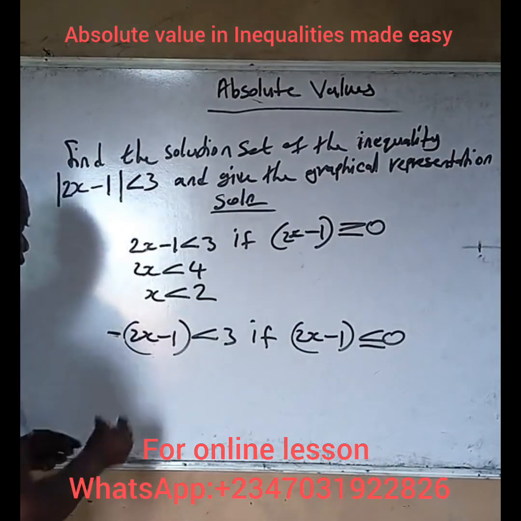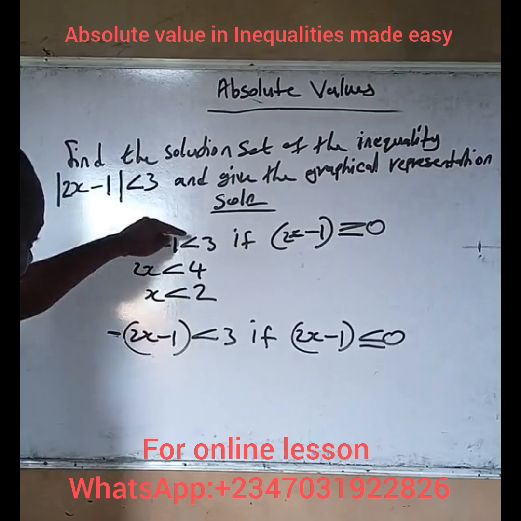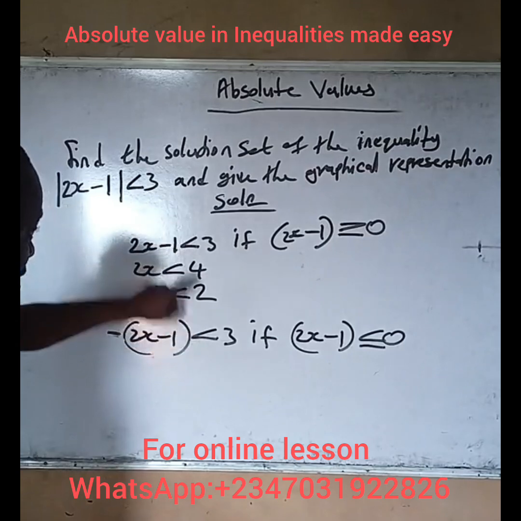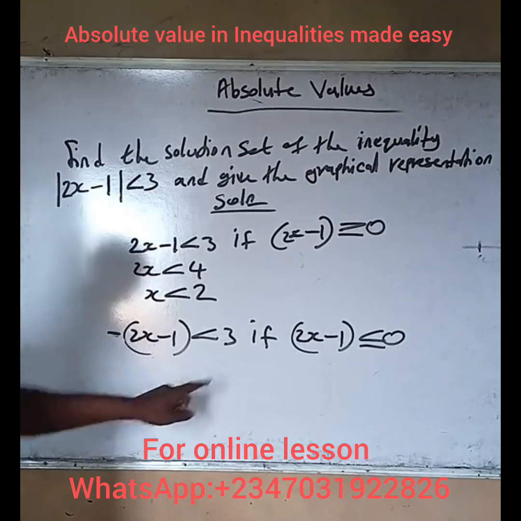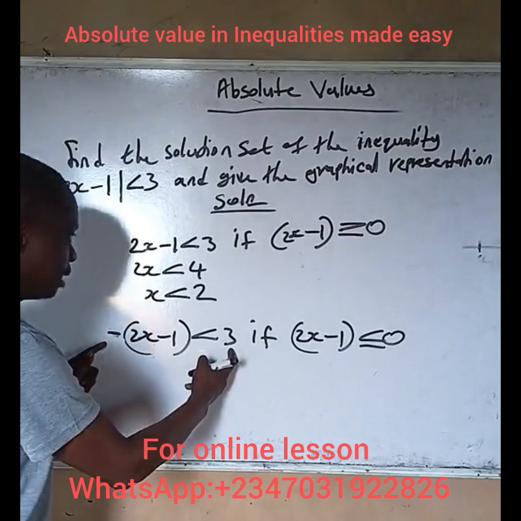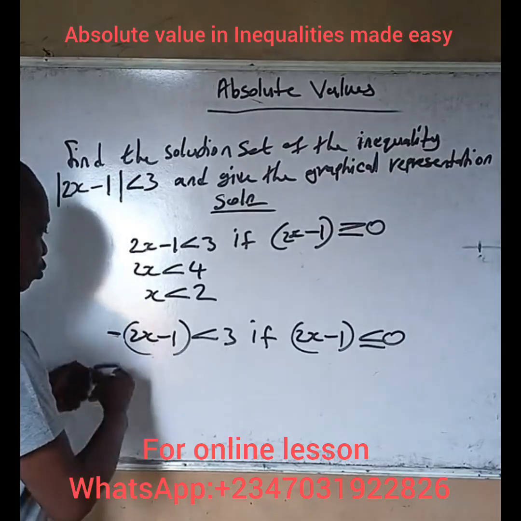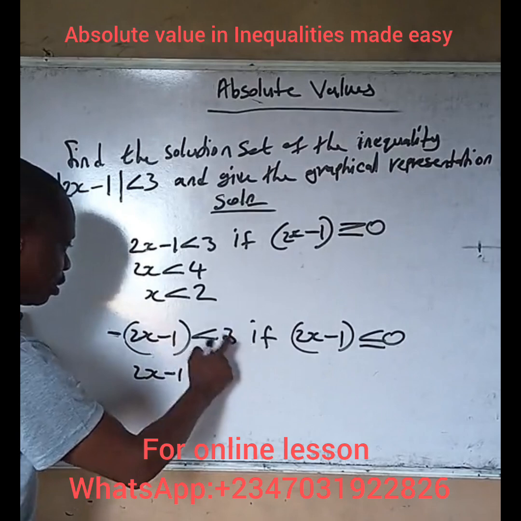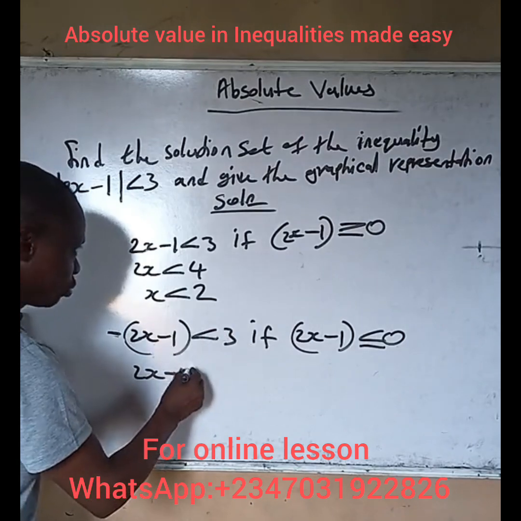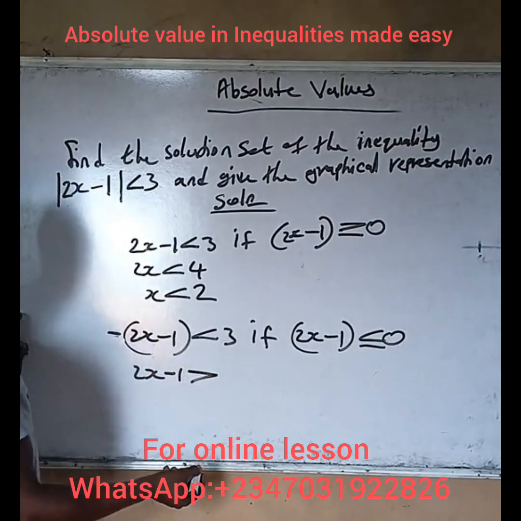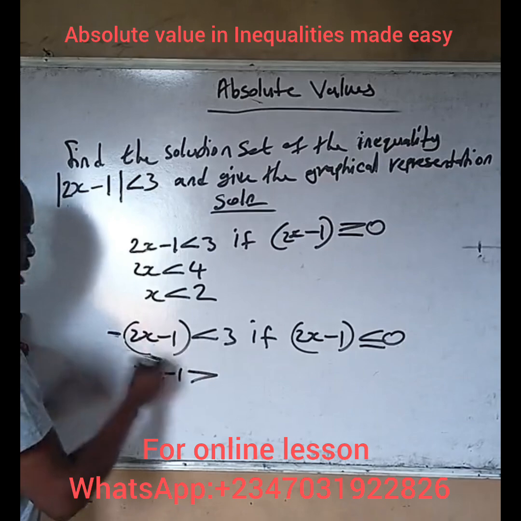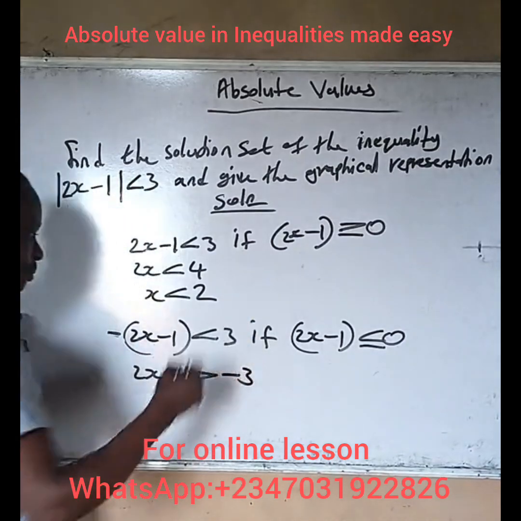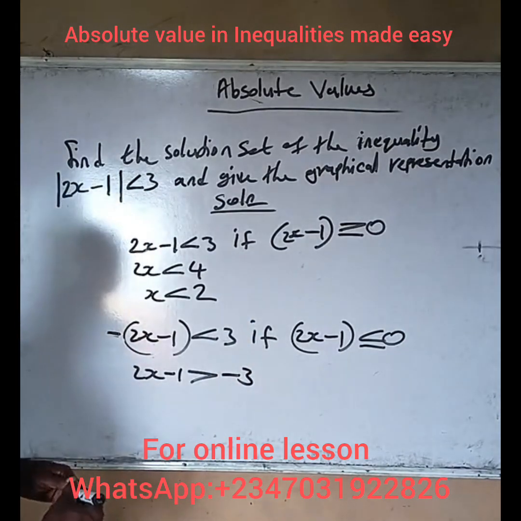Then before you start working, remember the signs. Before you start working this, you will divide through by minus. So this will give us 2x minus 1, and when you divide by minus, this less than sign will change to greater than minus 3.